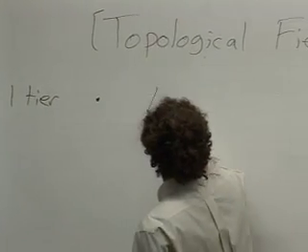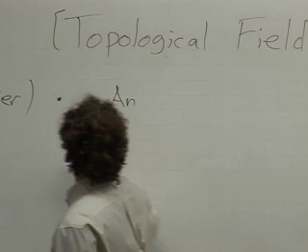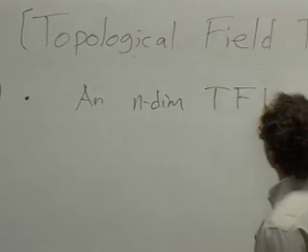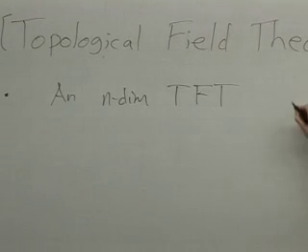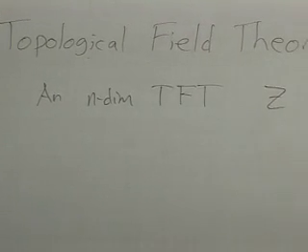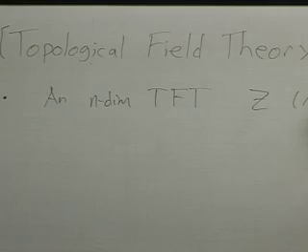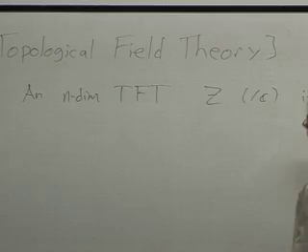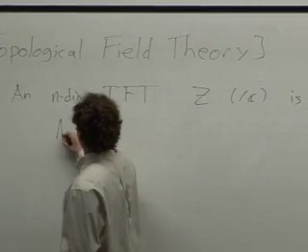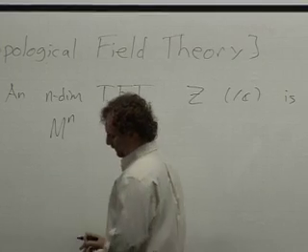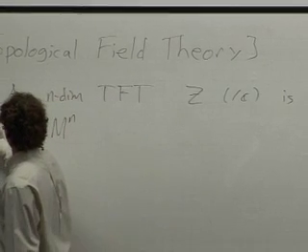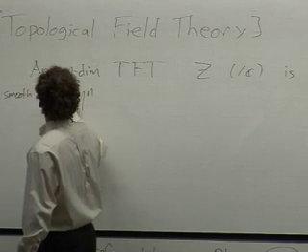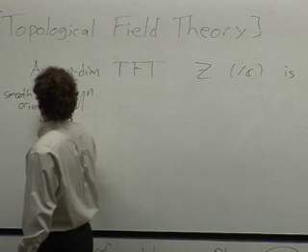So what is an n-dimensional topological field theory? Z, everything is going to be over the complex numbers, is an assignment which takes, you start with an n-dimensional smooth, compact, oriented manifold.